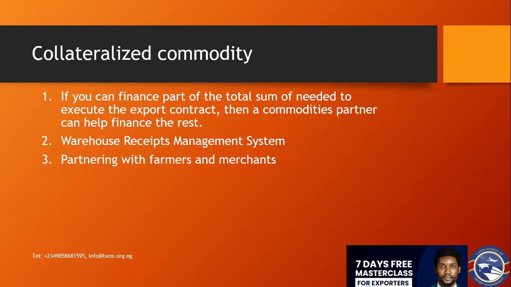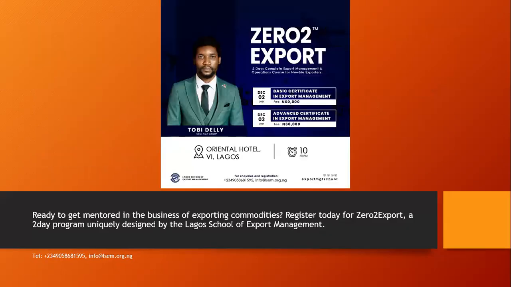But using your warehouse as collateralized commodity is a very important strategy. It is a very good strategy, and it won't really give you a headache. So there is several peace of mind attached to it.